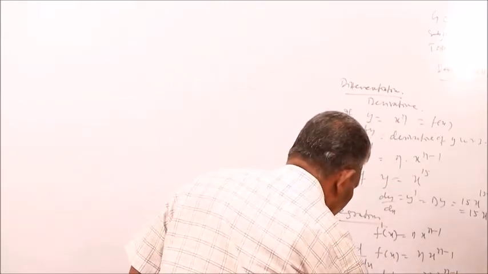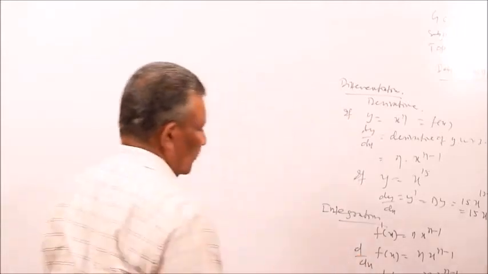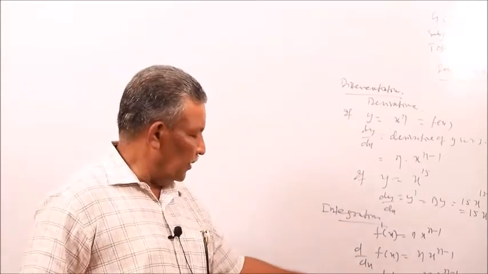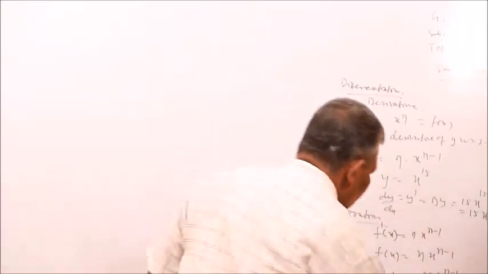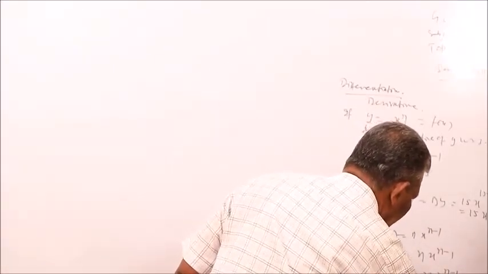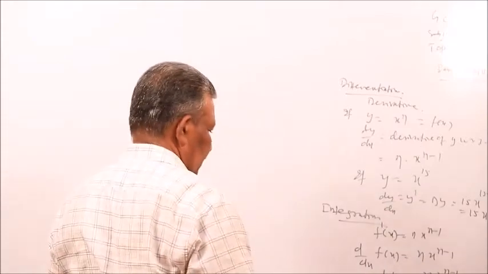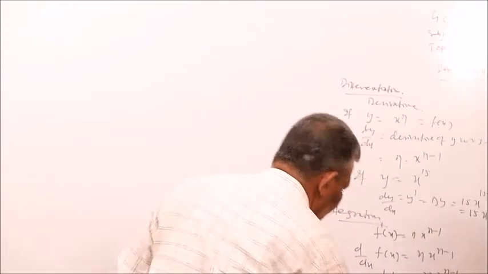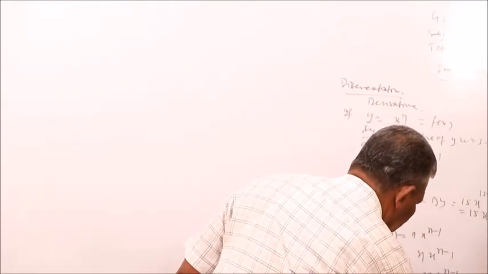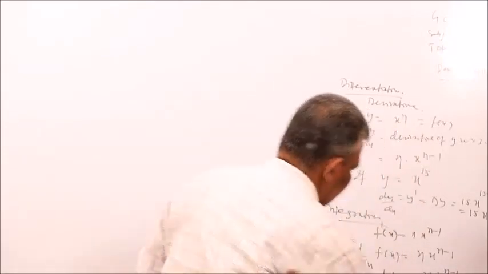That implies f(x): while removing d, if we omit d from the left hand side, then we have to give a symbol like this, integral of n into x to the power n minus 1 dx. That is, f(x) by n equals integral of x to the power n minus 1 dx.